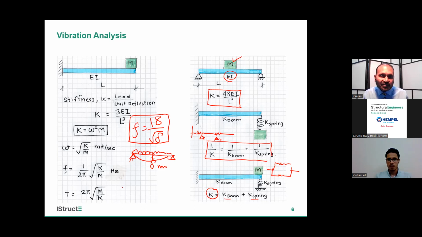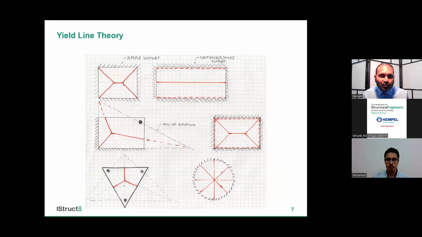Next questions which I have observed, it is on yield line theory. So here we have put together few cases of slab with different boundary conditions. Simple edge, fixed support, simple support, free edge, column.